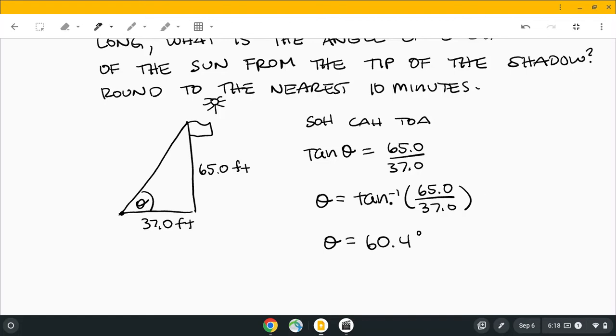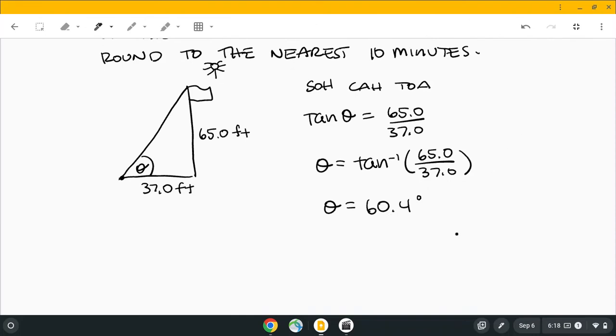60.4 degrees. But this is in decimal degrees. So we actually want degrees, minutes, seconds, nearest 10 minutes. All right, so let's convert this to DMS. If you remember, we keep the whole part, but it's the decimal part, 0.4, that we convert.